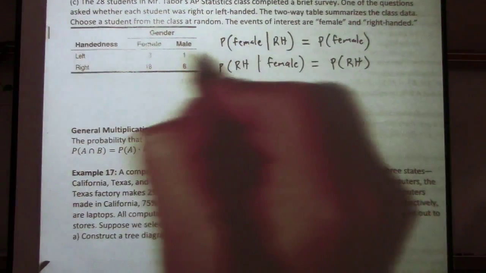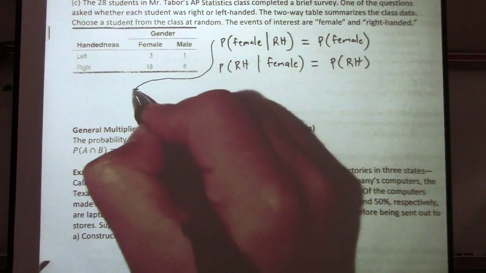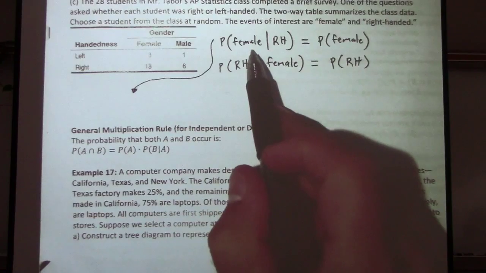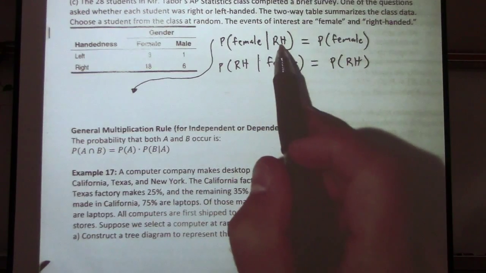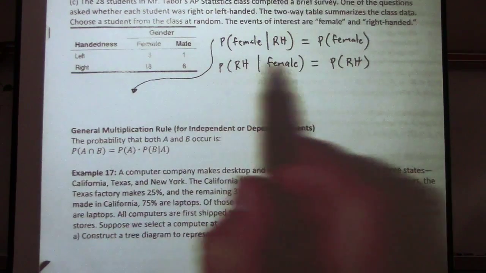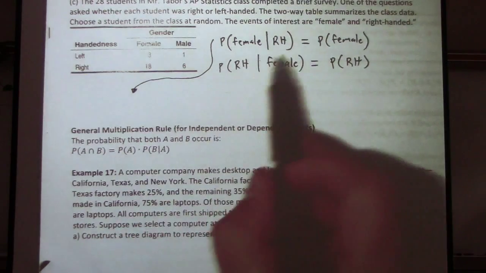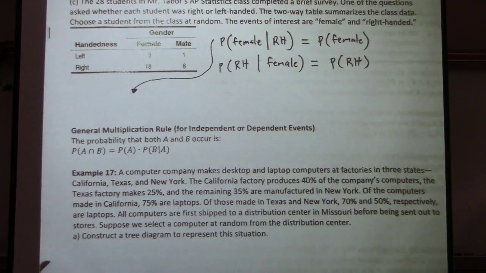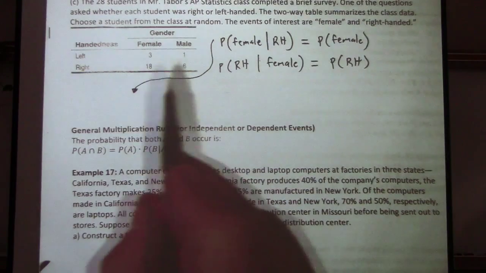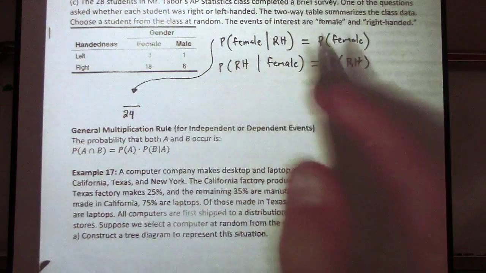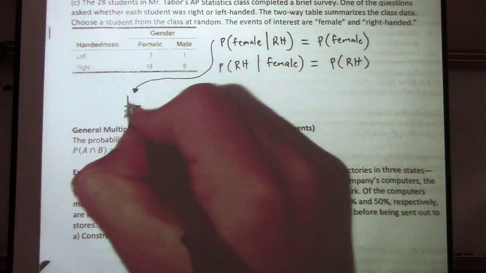So let's start with this first one. The probability of being female, given you're right-handed. So what is that probability? How many right-handeds do we have? 24 right-handed. And of those, 18 are female.